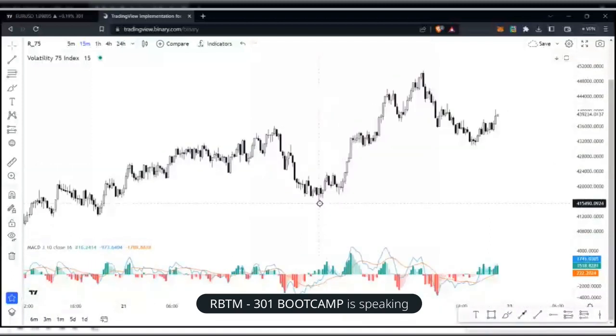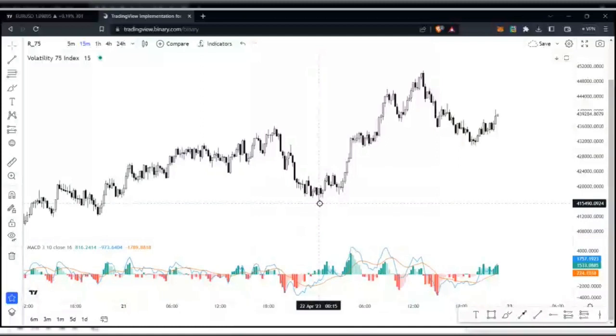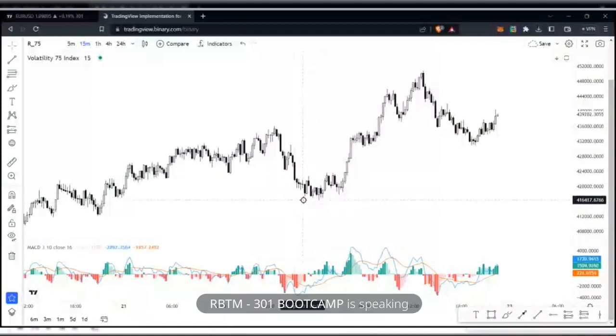Looking at this loop. All right, looking at this, you can see. Look at this here. This made a low. This made a high. You can see that.